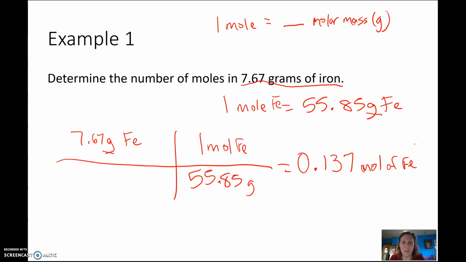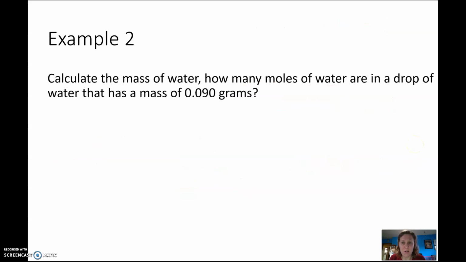Okay, example number 2. It says calculate the mass of water, should say molar mass of water. How many moles of water in a drop of water? So that's the first step. This is your compound. If the molar mass is not given to you, you have to calculate it. It is not always going to say that in the instructions. So the formula of water is H2O, right?